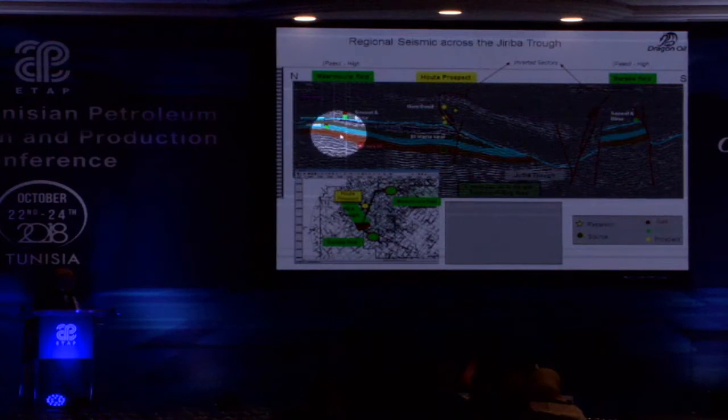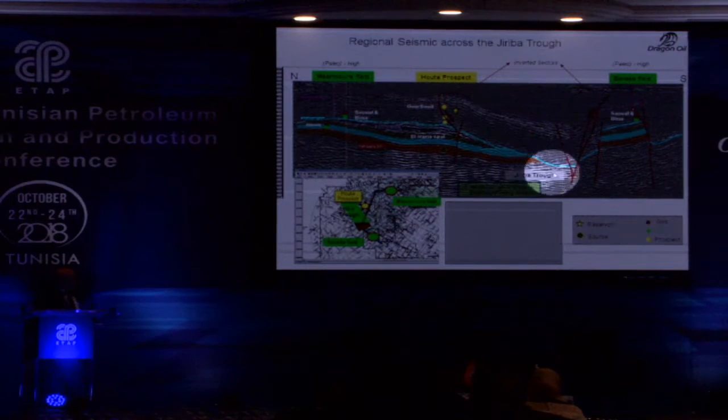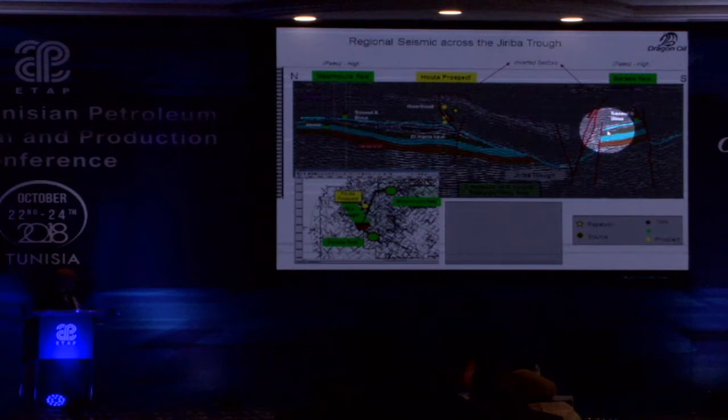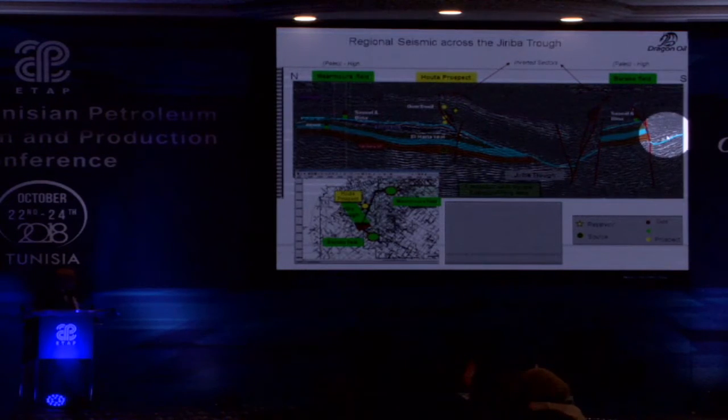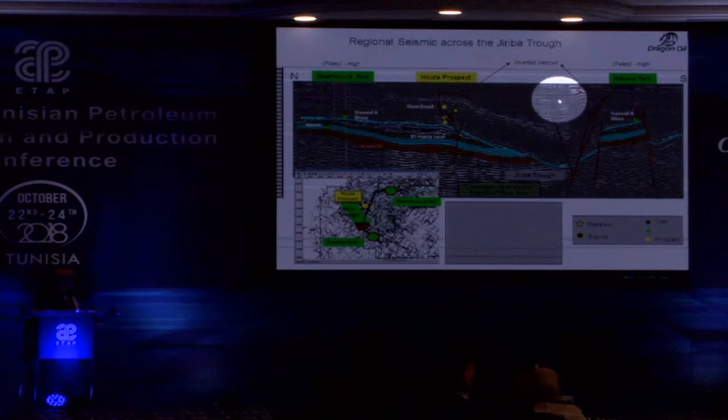And we have the seal of the Abiot and some Oligomyocene unconformities, and then the Langian, the pink, the turquoise one. And then we have one big sedimentary series and another one.